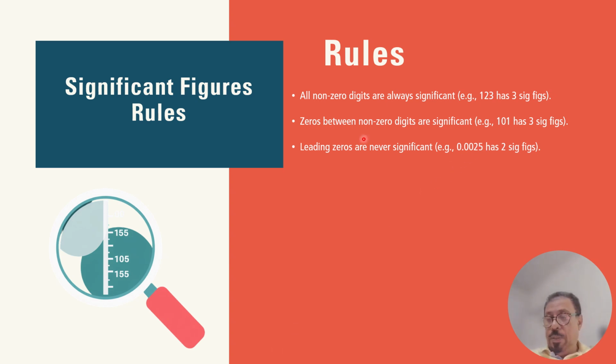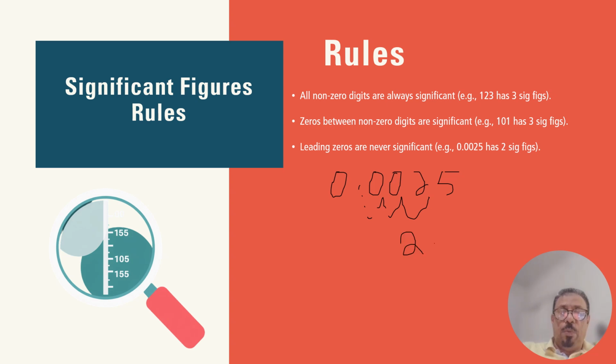Let me do it here. 0.0025: 1, 2, 3, so 2.5 times 10 to the power minus 3.